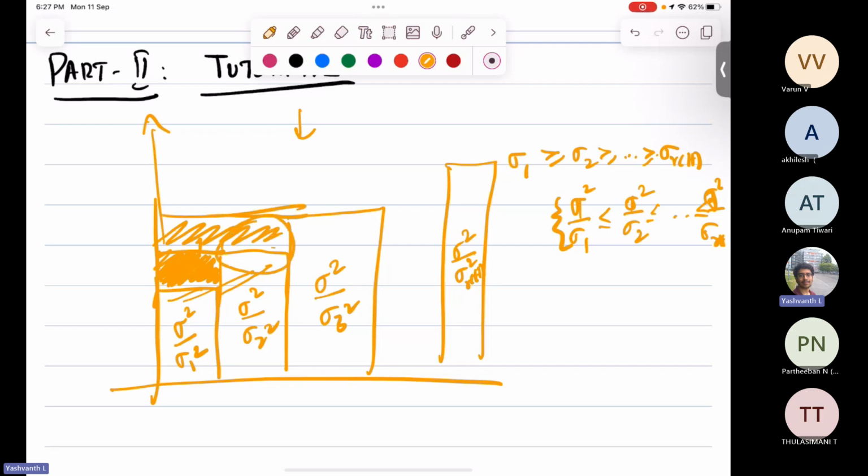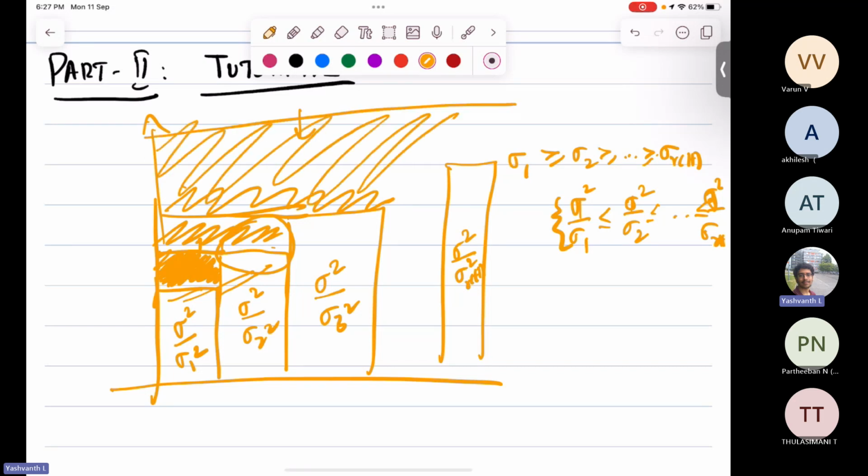Once this level is crossed, then the third bar, and so on. If you pour a sufficiently large amount of water, the water level will keep increasing with all the bars being filled. And once all the bars are filled, if you keep on pouring more and more water, only the height of the water level will increase, but all the bars will remain filled up.